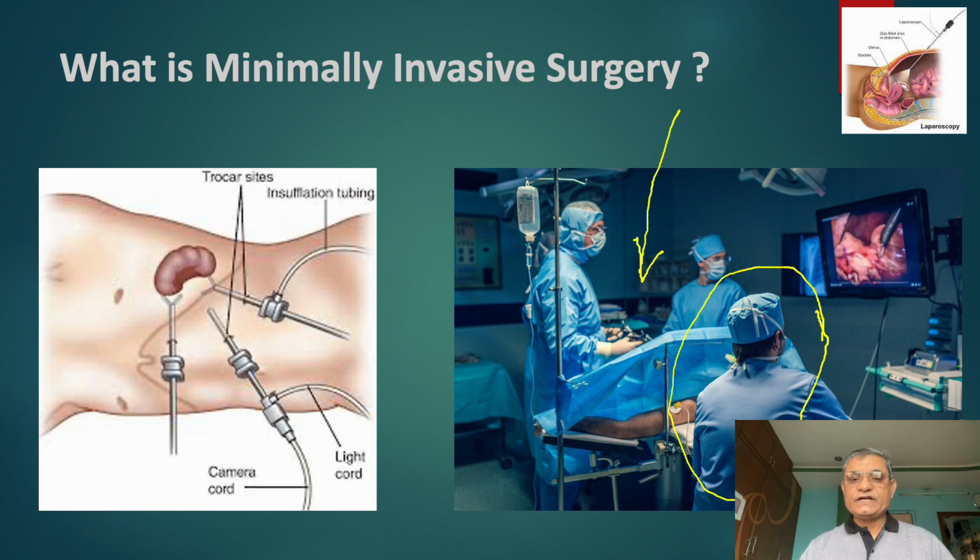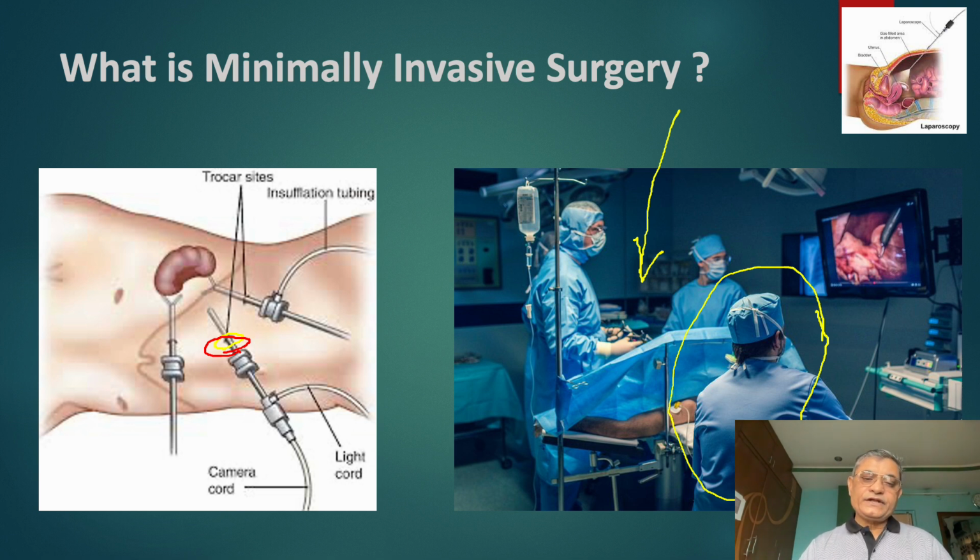After giving anesthesia, the surgeon makes a small incision, usually at the level of the umbilicus, patient's umbilicus over here. So after giving incision, he passes a small needle known as Veress needle, through which he injects carbon dioxide gas.